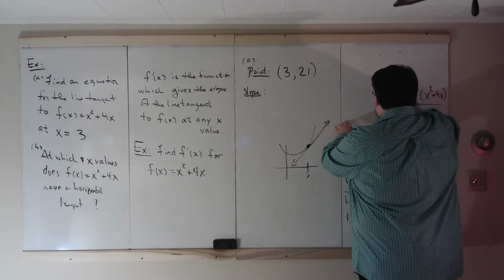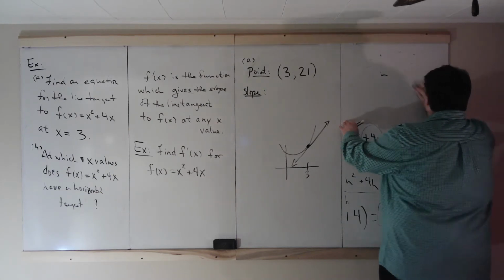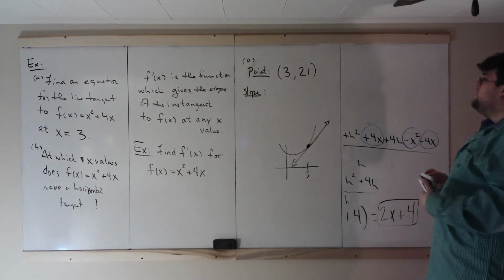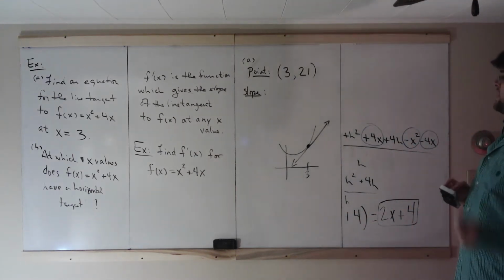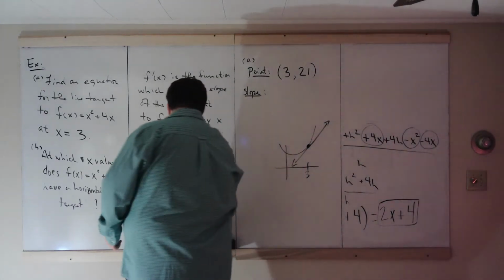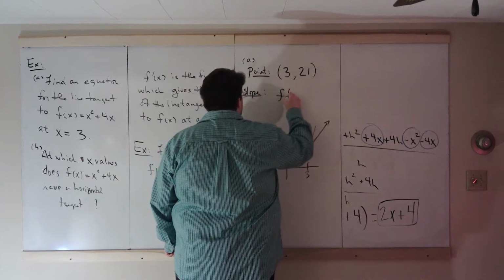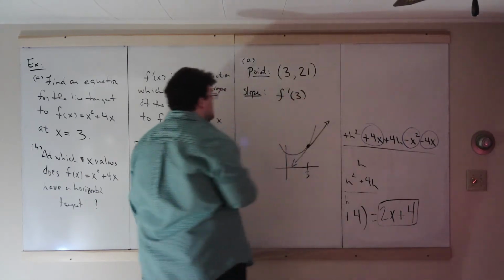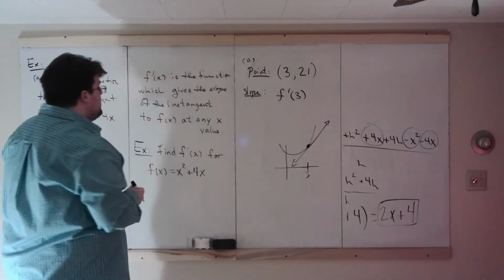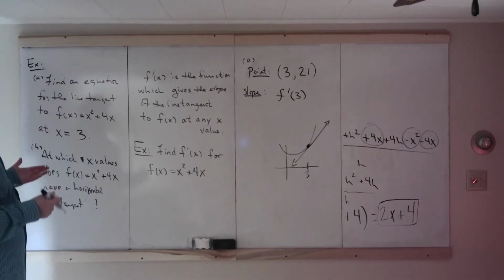How do we find the slope of the tangent line? Well, we observe that remark. What does the remark say? F prime gives the slope of tangent lines at any x value. So if we want the slope of this tangent line, which we do, at x equals 3, we need f prime of 3. Conveniently, in the previous example, we found f prime of x.